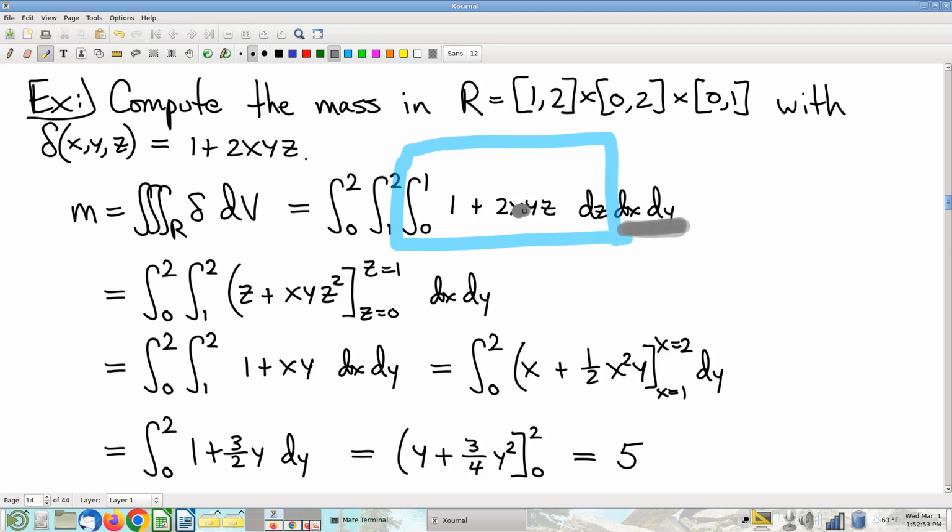So we treat x and y like constants, and as such, they are like any other constant factors that come along for the ride. In this first antiderivative, where I take the antiderivative of 2z, the constant is just along for the ride as usual. The antiderivative of 2z with respect to z is z squared. Is everybody happy?